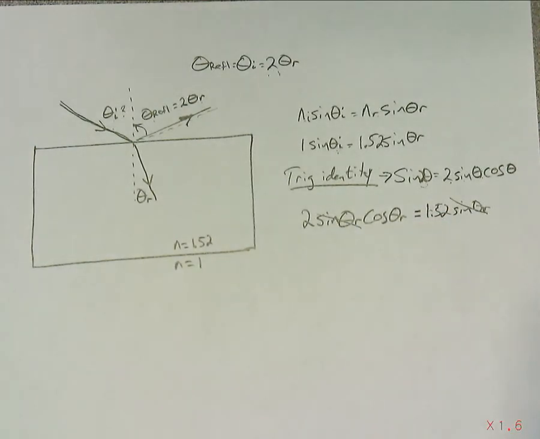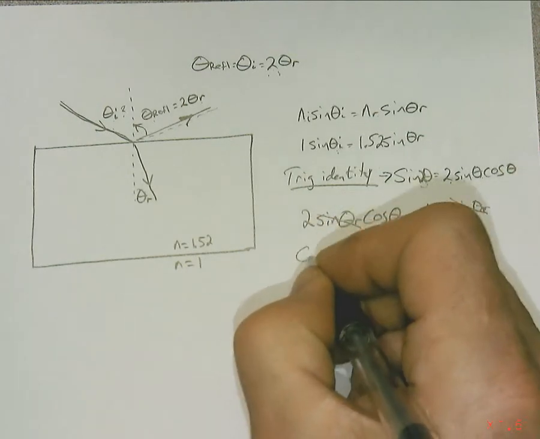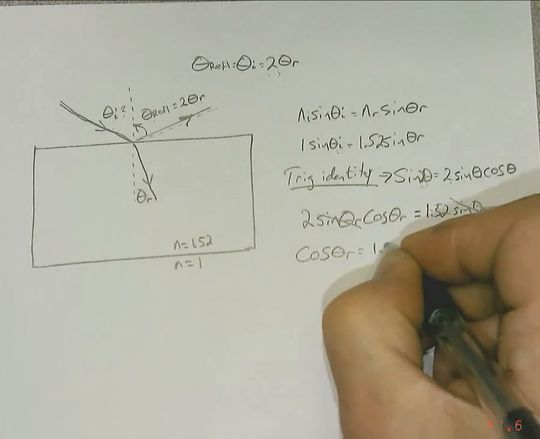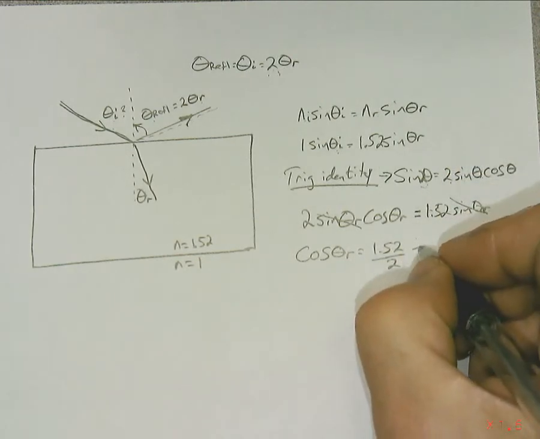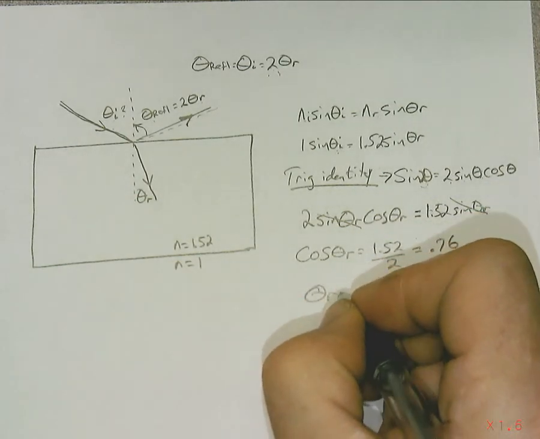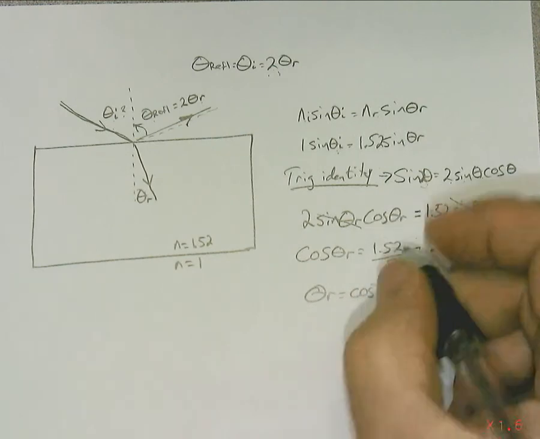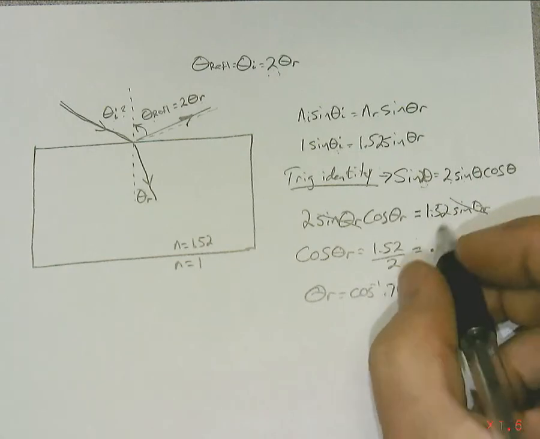And so we have that cosine of theta refracted is equal to 1.52 over 2, which is 0.76. Theta refracted is equal to inverse cosine of 0.76, which is equal to 40.5 degrees.